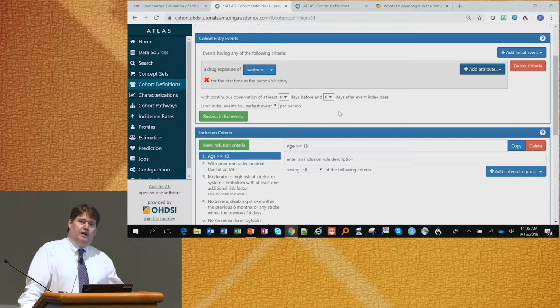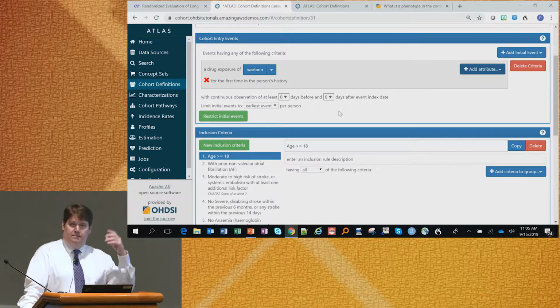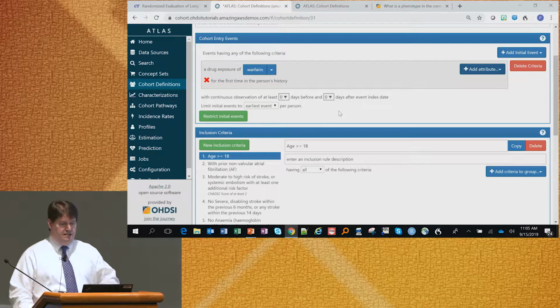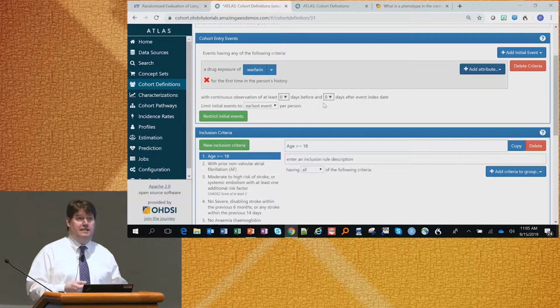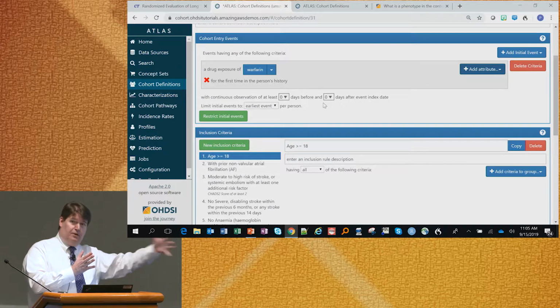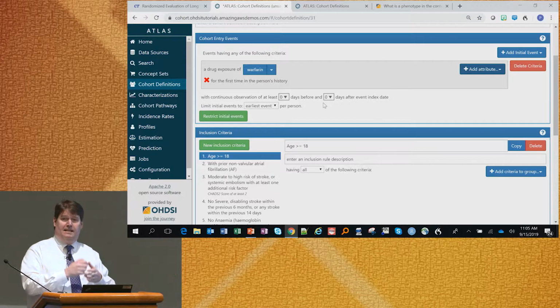Now, if we recall, we had some inclusion criteria about excluding or including people when we know they don't have some type of prior observation in their data. What this continuous observation is doing is saying that at the time of their first exposure, did we have enough prior observation of this person at that time?